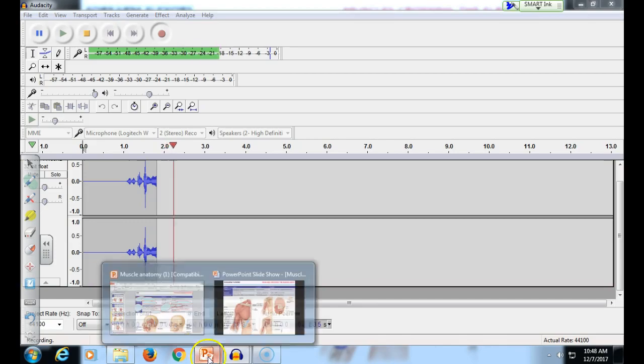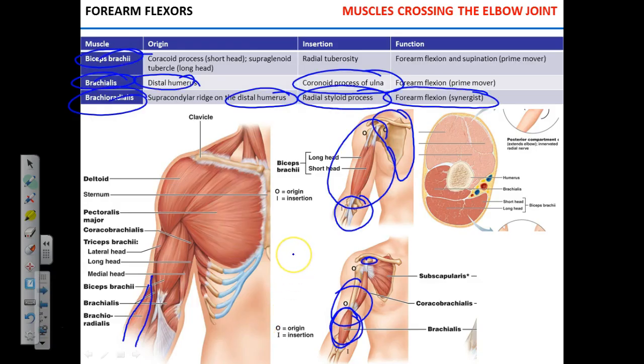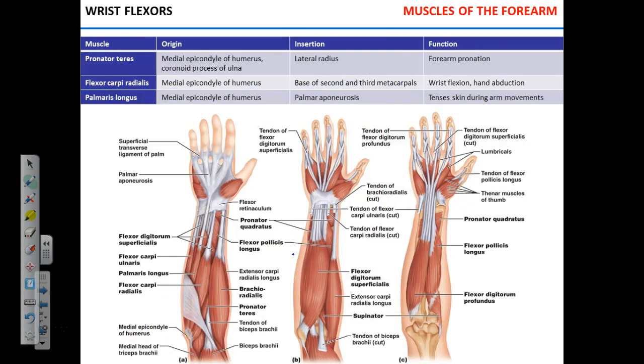So we continue talking about the muscles of the arm, and we are about to reach, honestly, the hardest part of the model anatomy. I'm giving you a heads up in relation to the exam.